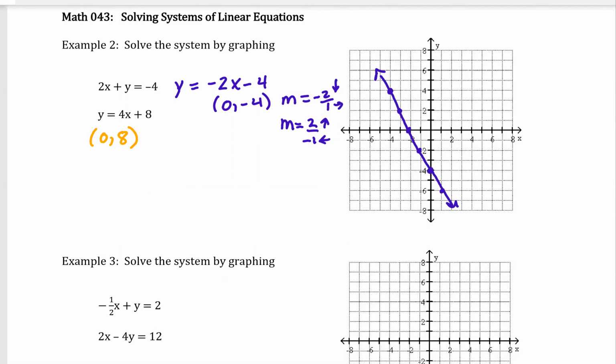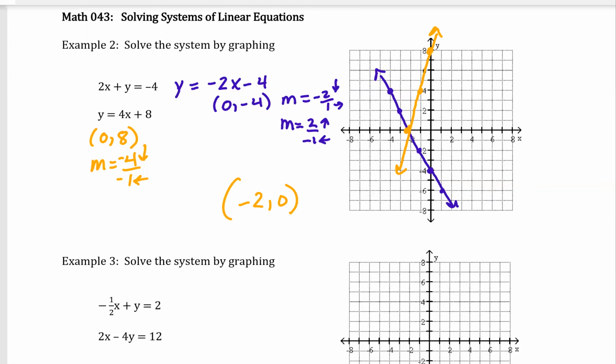The y-intercept is (0, 8). The slope is 4. So go to (0, 8) and put a dot. Clearly, I cannot go up and to the right because I don't have enough space. So I'll make them both negative and go down and to the left. And the lines intersect at the ordered pair (-2, 0).